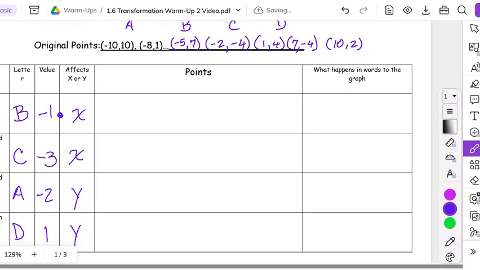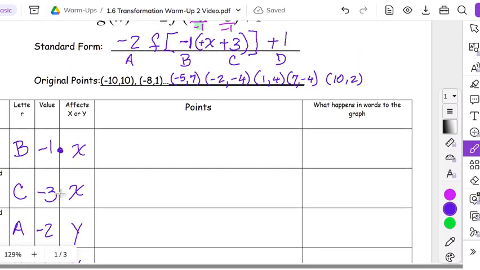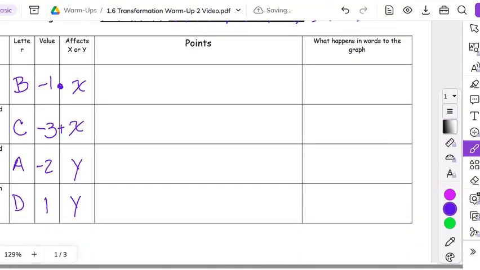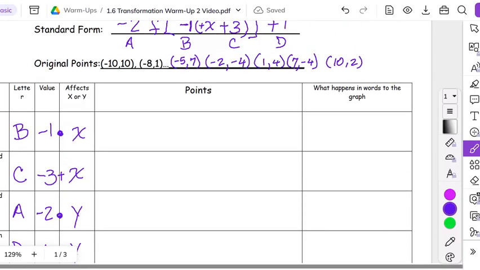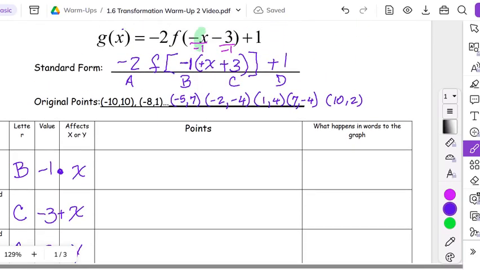Your C is being added or subtracted out there, so here we're always going to add them to the x values. And then your A is always being multiplied as well, and your D is always being added or subtracted.